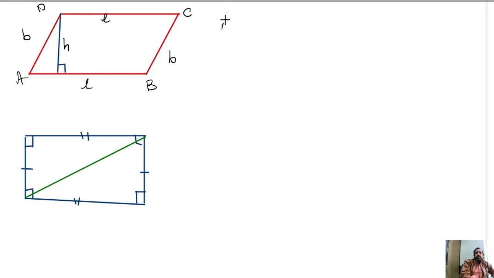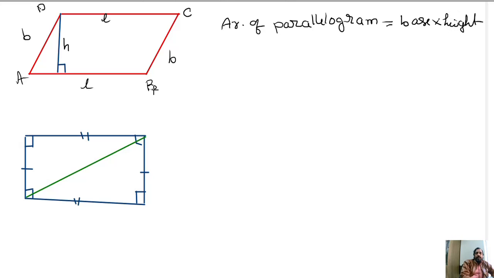Now see, area of parallelogram. Area of parallelogram is equal to what? Base into height. Base into corresponding height.